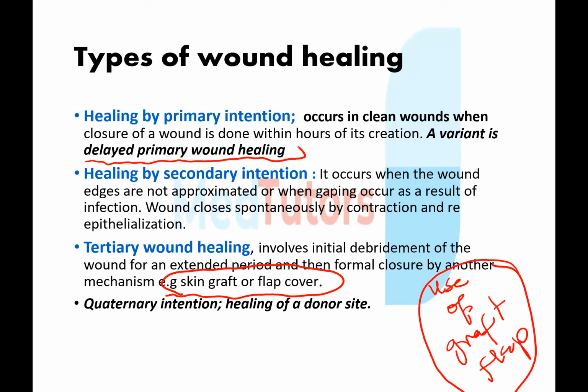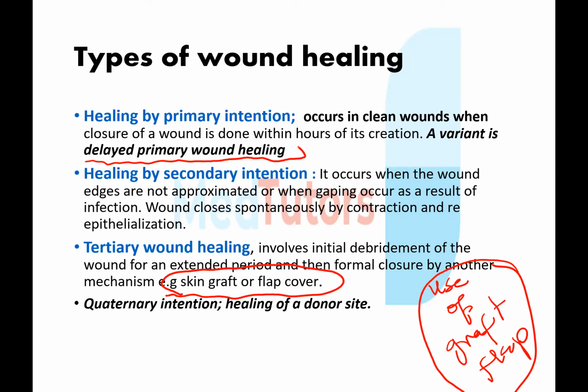Now, healing by quaternary intention. Healing by quaternary intention usually occurs in the donor site. You know, when you are grafting a tissue, there is the donor site where you harvest skin and you place it on the recipient site where there is a defect.